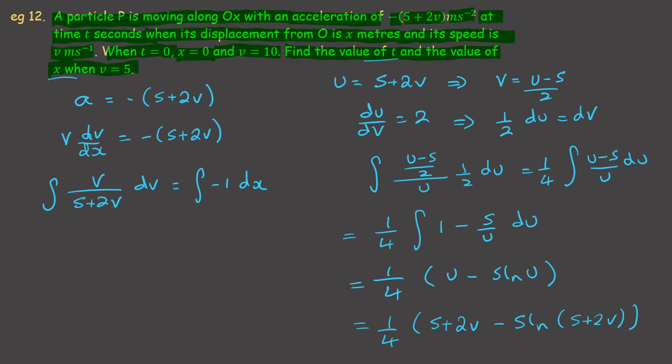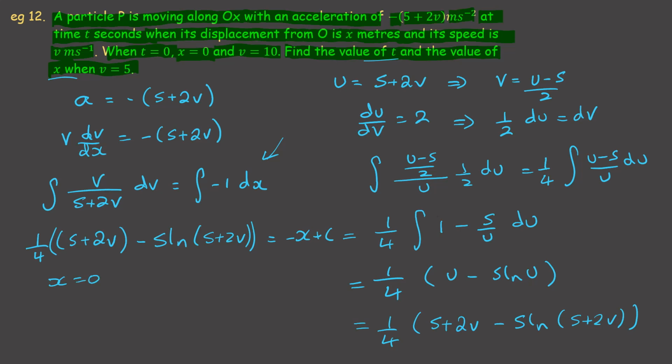And so what we get is, remember we've got to substitute back to here where we've got that 1/4 5 plus 2v, take away 5 ln 5 plus 2v, is equal to negative x plus c.